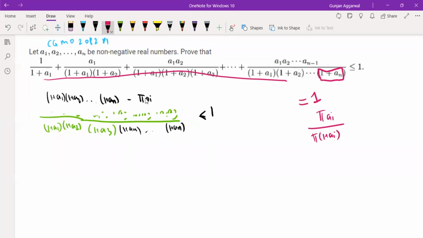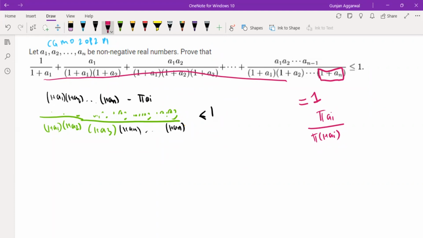And if you add all these terms, the sum is exactly 1. So this thing is called smoothing. You just take some isolated term and see how it affects the general expression and make changes accordingly.